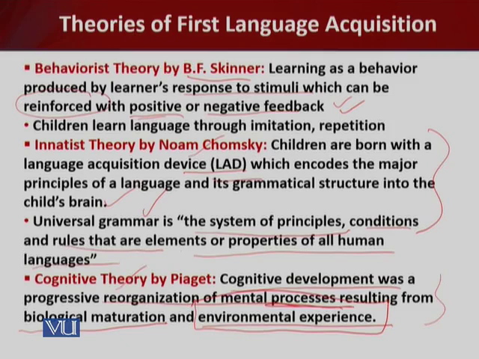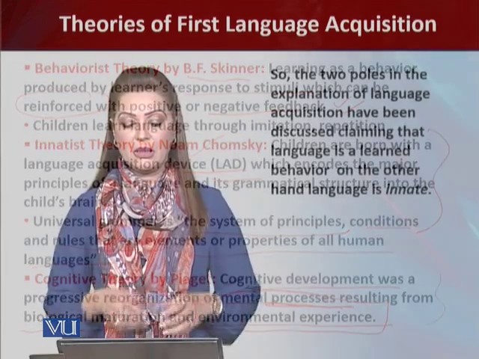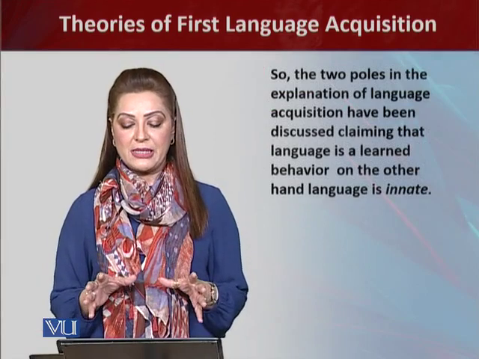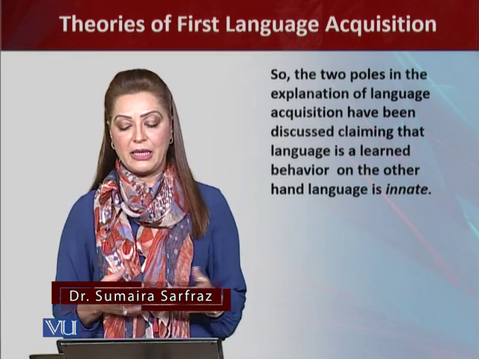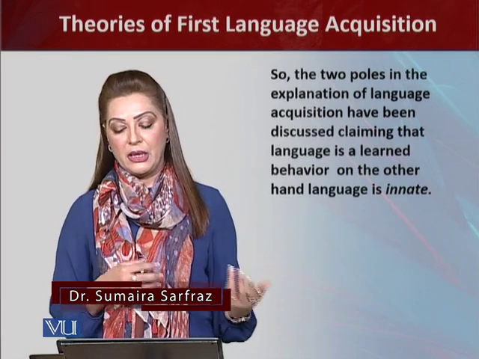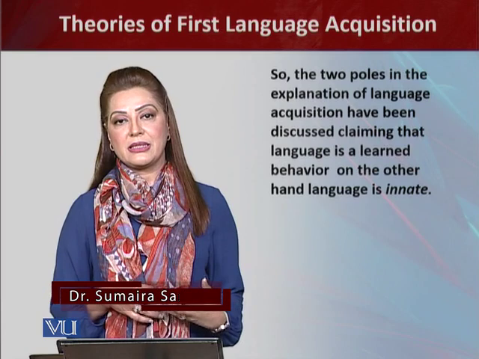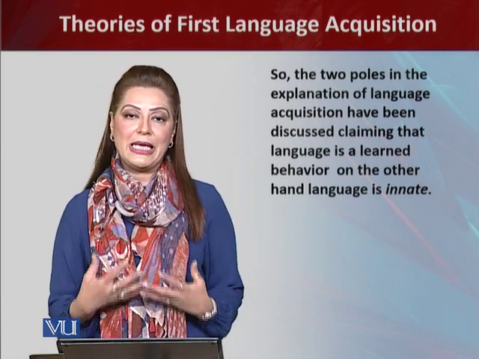Innateness in isolation is not supported by the cognitive theory. So the two poles in the explanation of language acquisition have been discussed: on one side, claiming that language is a learned behavior; on the other hand, that it has to do with innate ability.